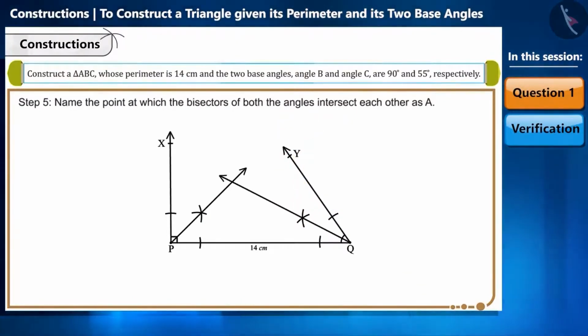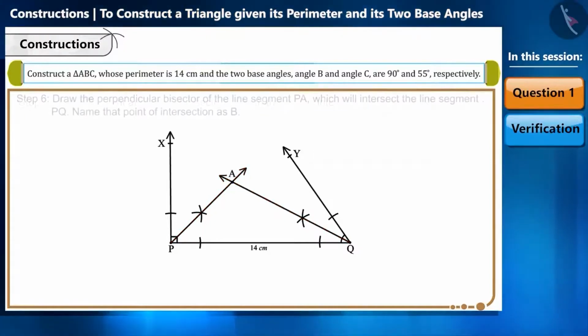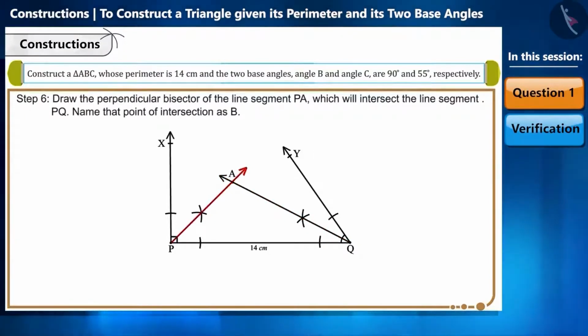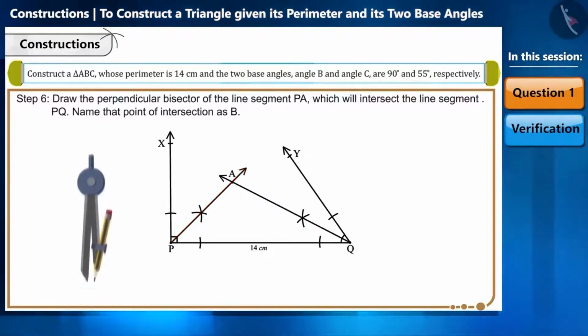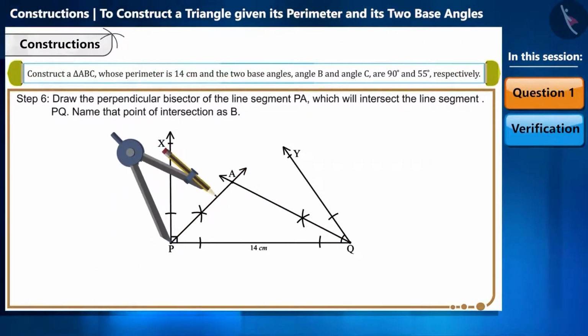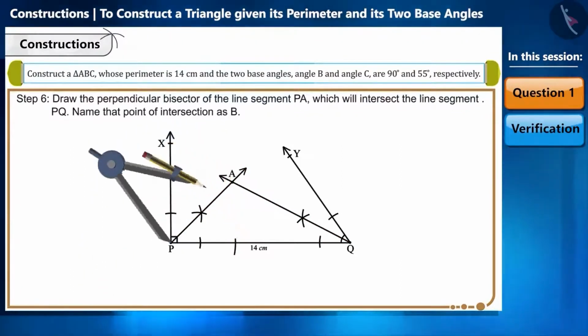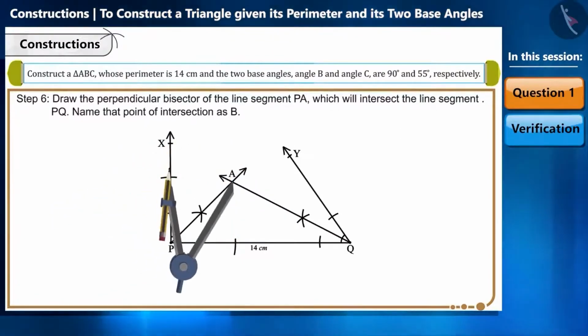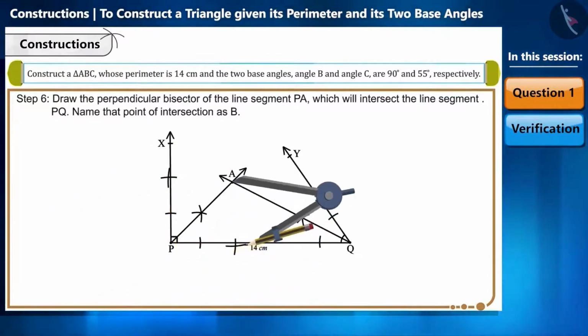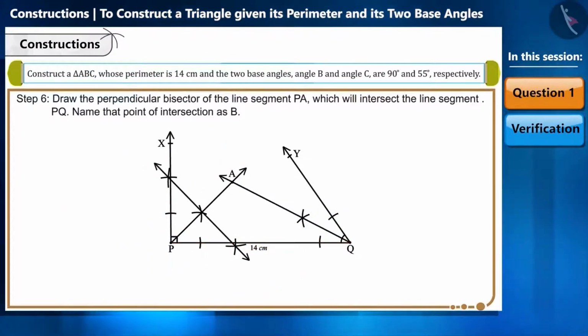Step 5. Name the point at which the bisectors of both the obtained angles intersect each other as A. Step 6. Now, draw the perpendicular bisector of the line segment PA which will intersect the line segment PQ.